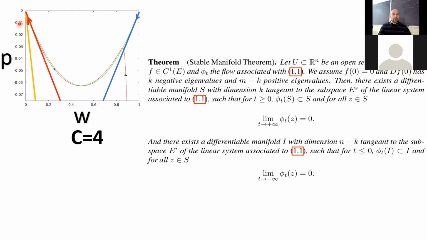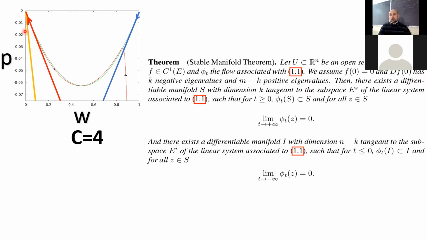This red curve cannot cross the yellow one, because if it crossed, and then if it didn't go to 0, then it will cross the axis, the W axis, and this will contradict that P of W equals -W is an upper solution.